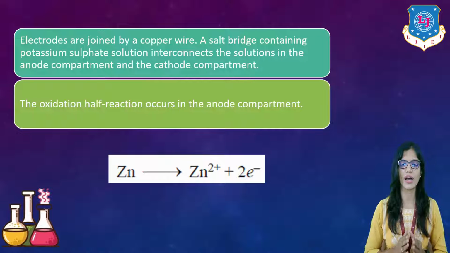The oxidation half reaction that occurs in the anode compartment is as follows: zinc gives zinc plus 2 and 2 electrons. So 2 electrons are released, right? Those 2 electrons are released from the anode, and they will travel towards the cathode, which is connected with a copper wire.